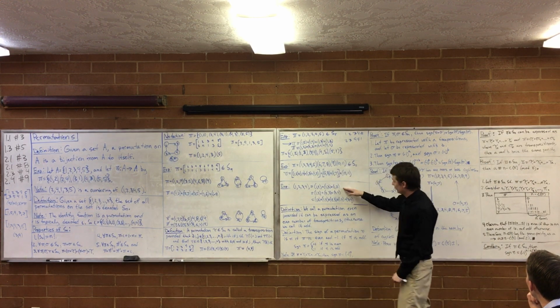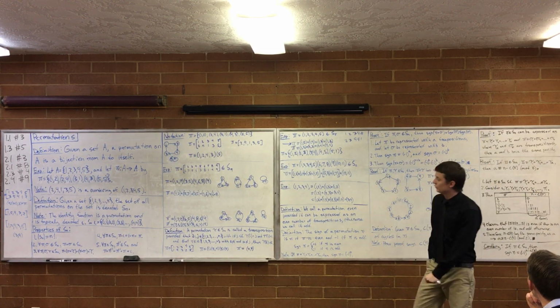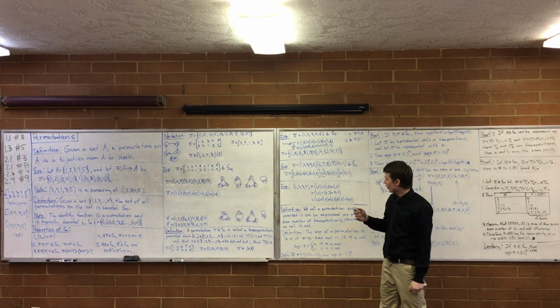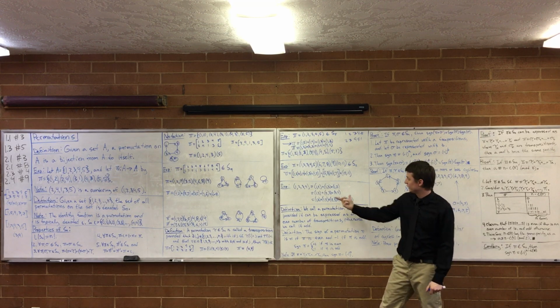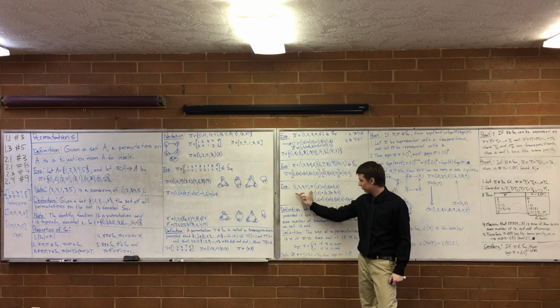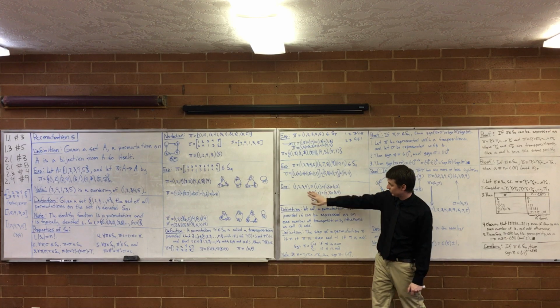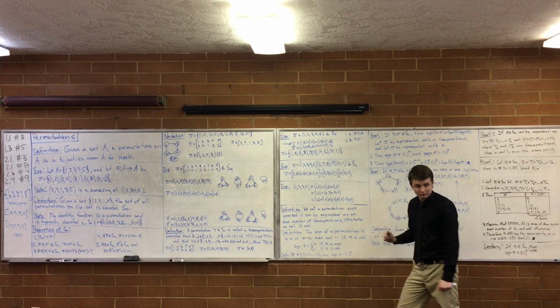Something we've already talked about a couple times: there's no one way to represent a transposition, or rather there's no one series of transpositions I can use to represent a permutation. So here's a permutation. I can represent it with those transpositions, with those transpositions, and with those transpositions. Every single one of those gives me the exact same permutation.